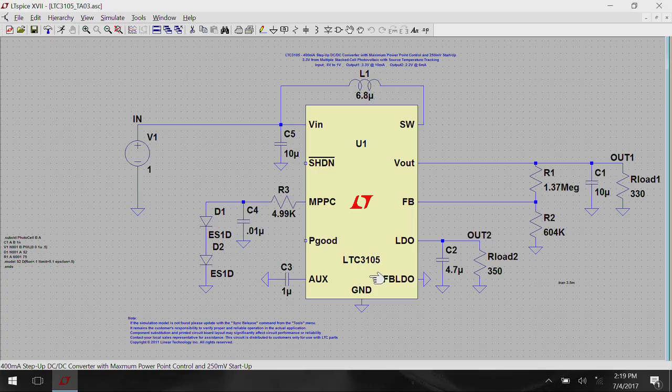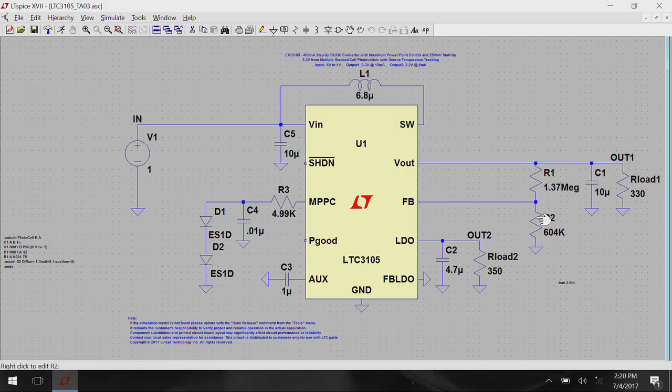Remember, there is an input, you can see this. I replaced the solar panel with this input voltage source which is going in here, and then this is Vout, and this is programmed to give you 3.3 volts at the output. The feedback is available from the Vout back into the feedback pin here.